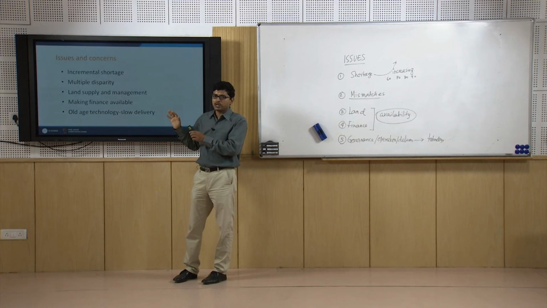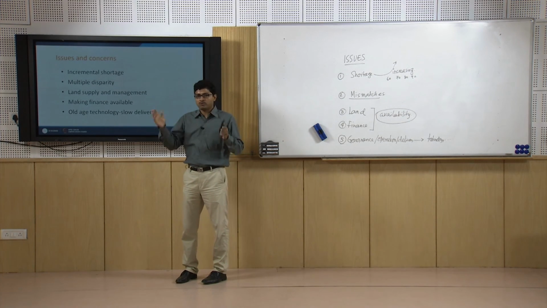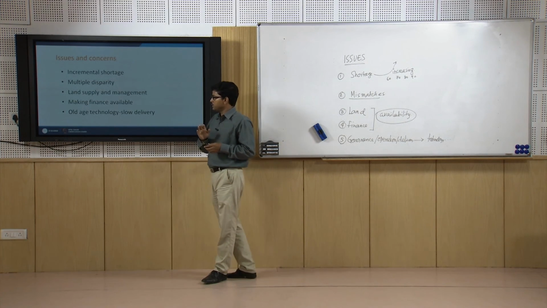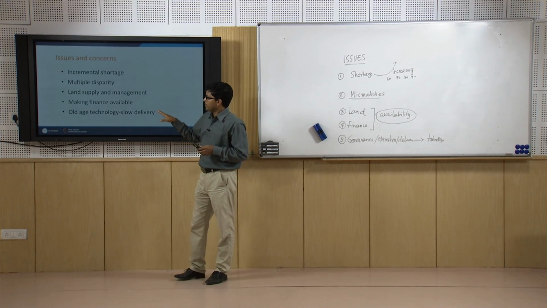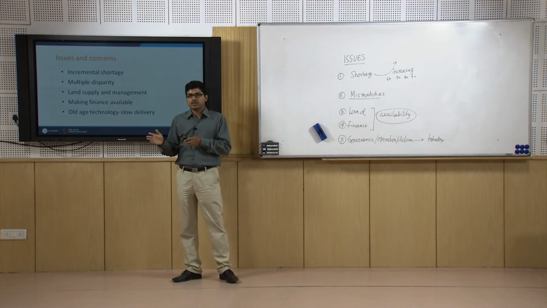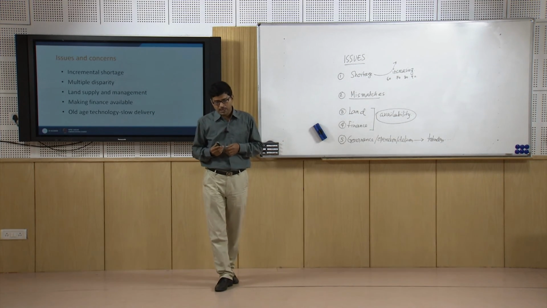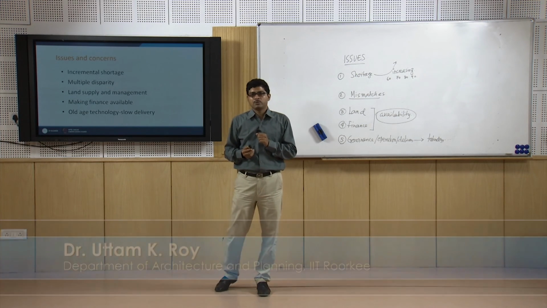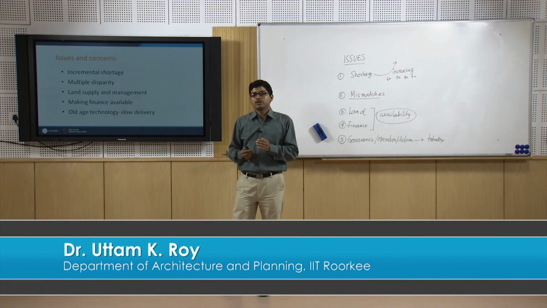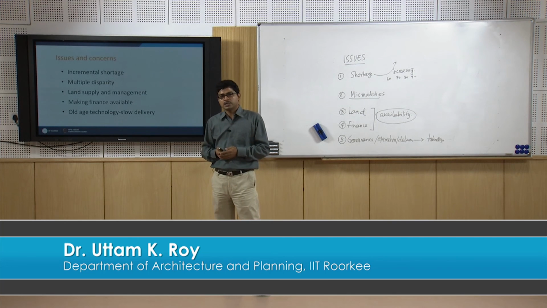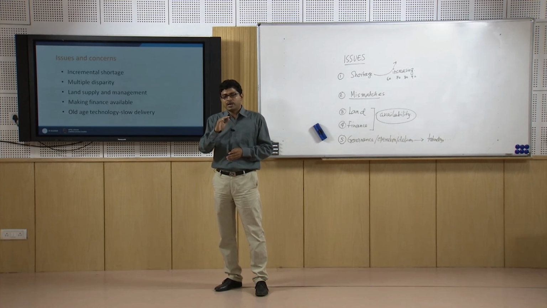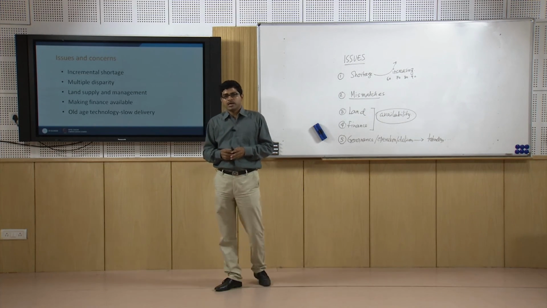These are major issues. Apart from these, there are various associated problems, and we will discuss them one by one. Based on this, the Government of India has come up with various interventions in terms of programs, schemes and guidelines, and over the last 20 or 30 years the government's outlook towards housing has changed a lot.